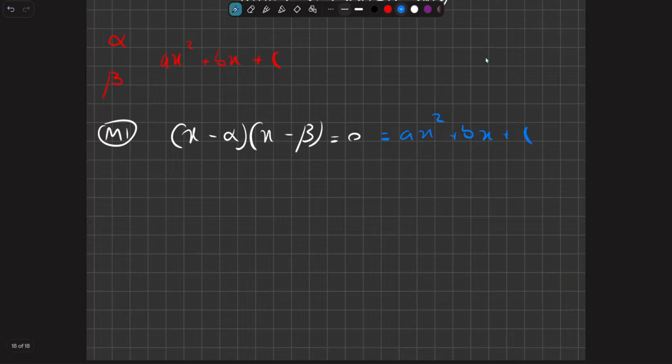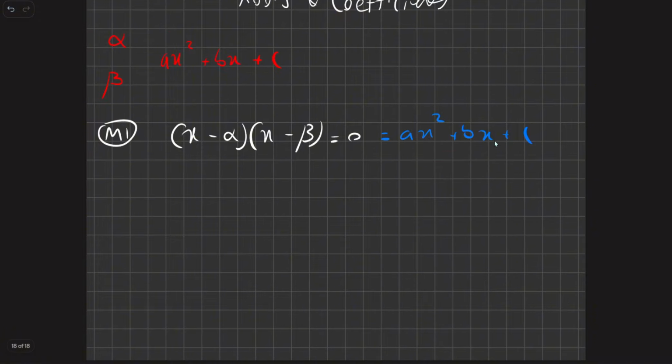Okay, what we want to do is now compare these roots with these coefficients. Okay, we can get started. However, there is an issue that you must know right now. In most cases, when we expand this, we don't actually get this.